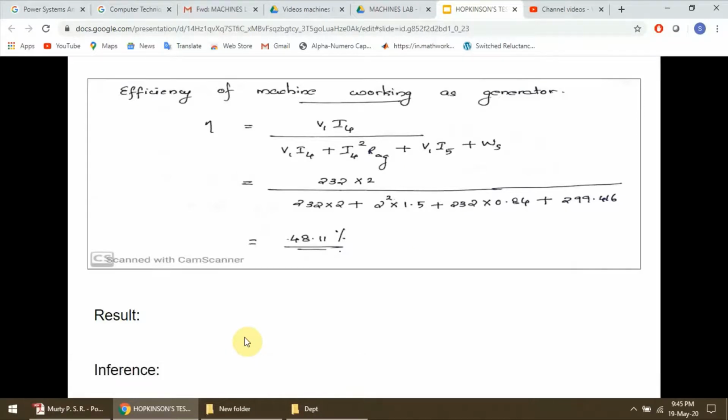Now coming to the advantages of this method. Swinburne's test is applicable only for small machines. When we go for a larger machine, we cannot go for Swinburne's test. That is the reason why we go for Hopkinson's test.